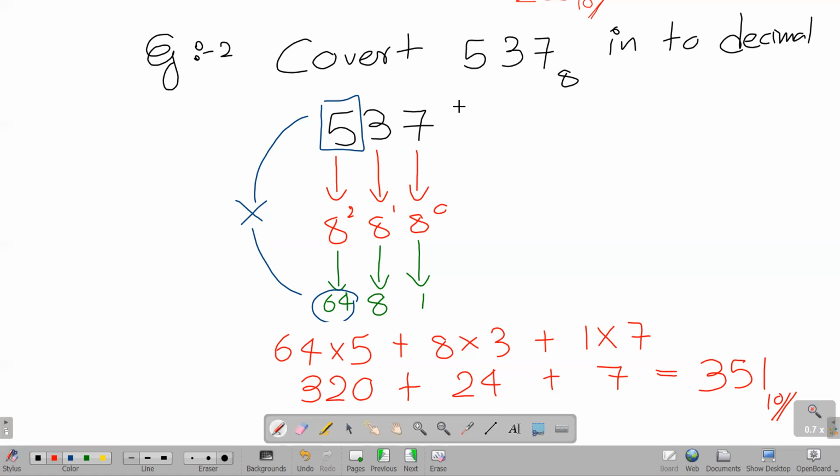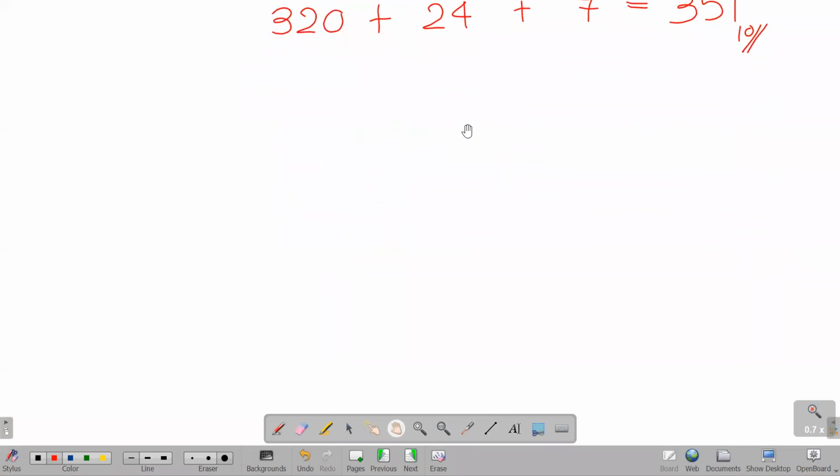All right. Here comes the third example, example number 3. Here we are going to convert a hexadecimal value into a decimal.